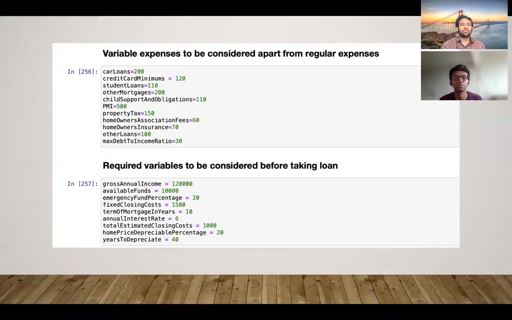Variable expenses to be considered apart from the regular expenses are car loan, credit card loans, student loans, other mortgages, child support and obligations, property taxes, homeowner association fees, homeowner insurance, other loans, etc. Required variables to be considered before taking a loan are gross annual income, available funds, emergency funds percentage, fixed loan, fixed closing cost, term of mortgage in years, annual interest rate, total estimated closing cost, etc.